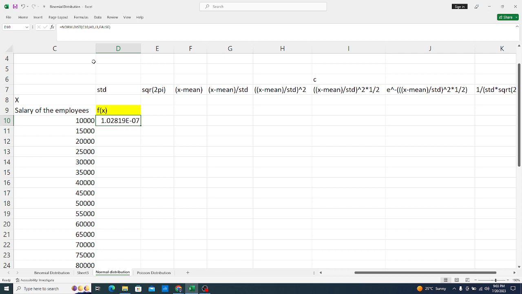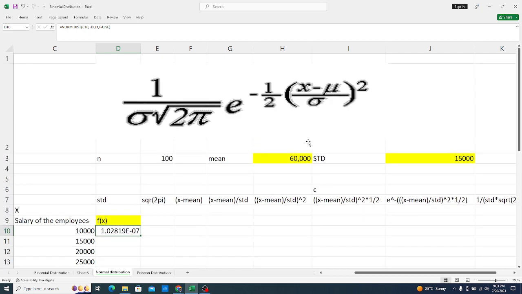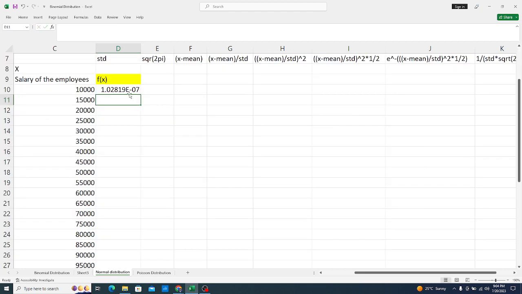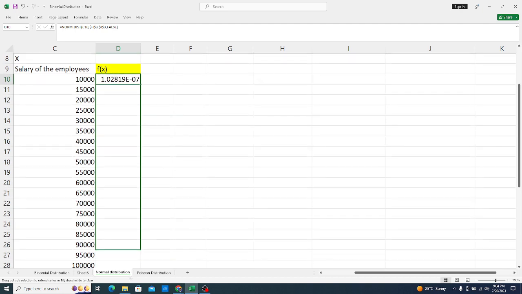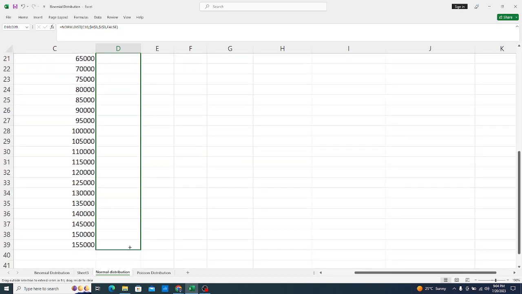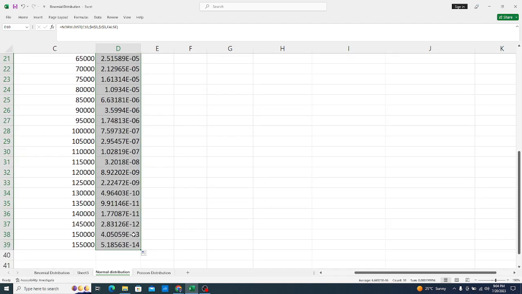But we have to lock or reference these cells, that is H3 and J3. So we use the dollar signs to lock these two cells, and then we are good to drag it down.